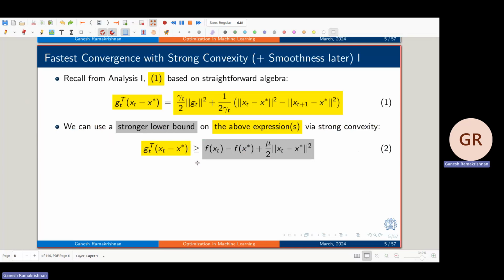That's what the pink curve is, right? This is a quadratic curve.